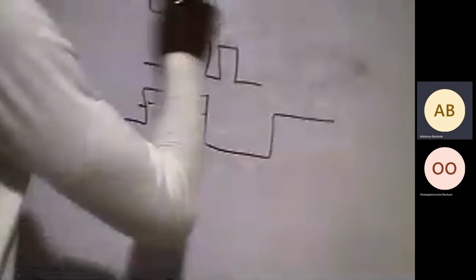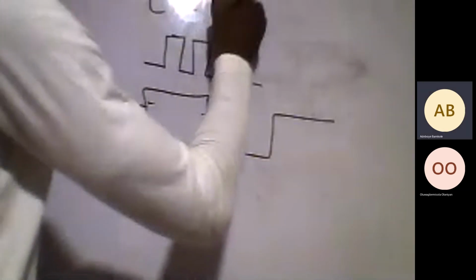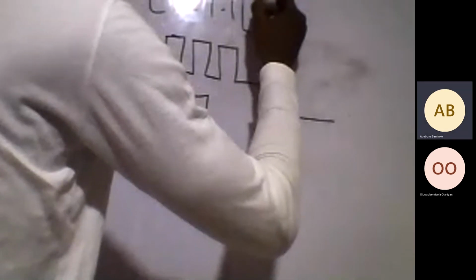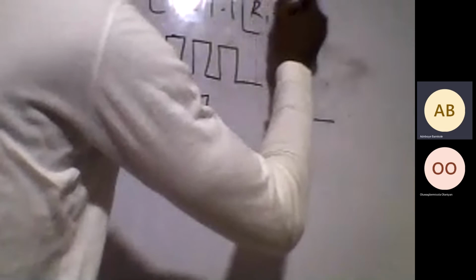We say T equals 1.1 into bracket. I can't see the upper part, sir. Okay, I'll bring it low.